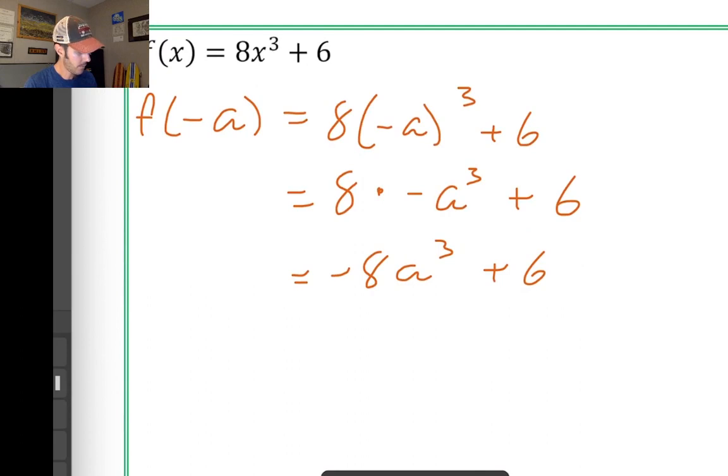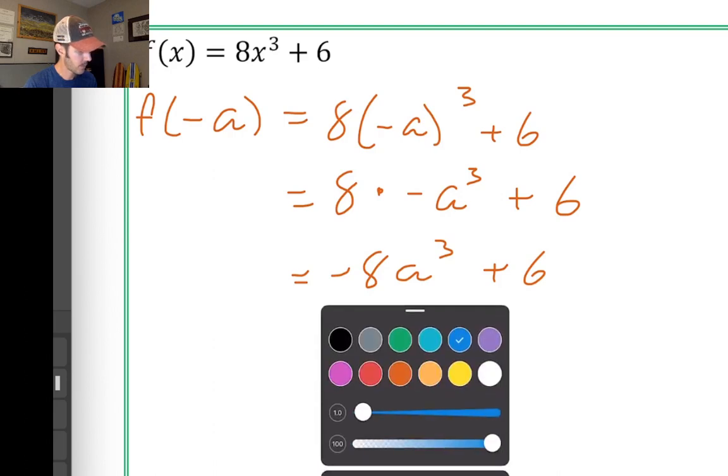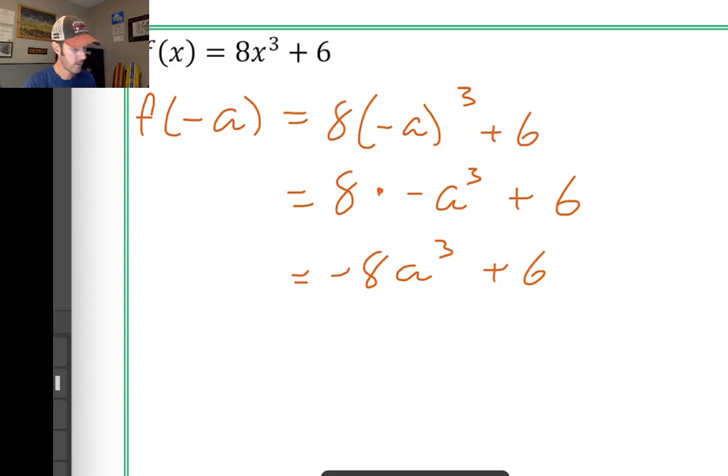And then let's also look at, just switching colors here, let's use green. We also need to compare this to negative f of a. So we're going to negate our entire original function.